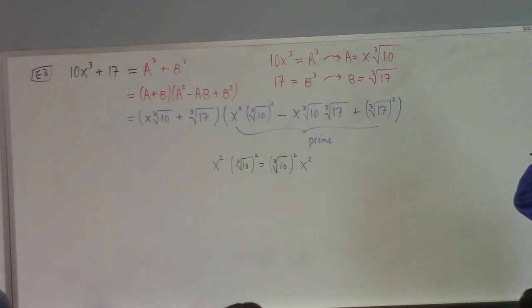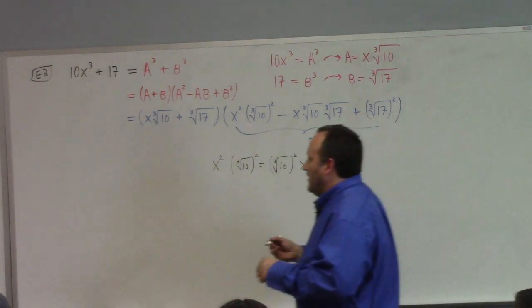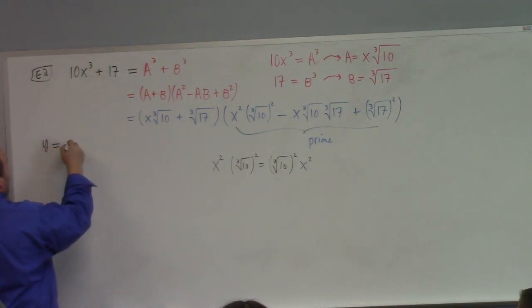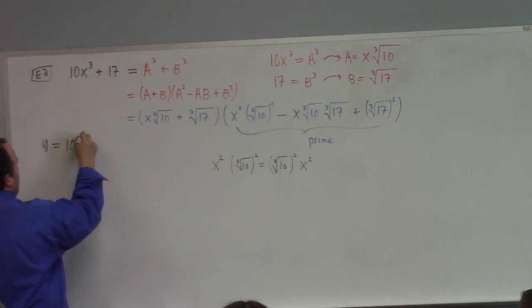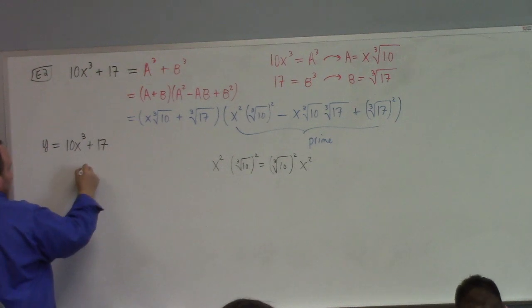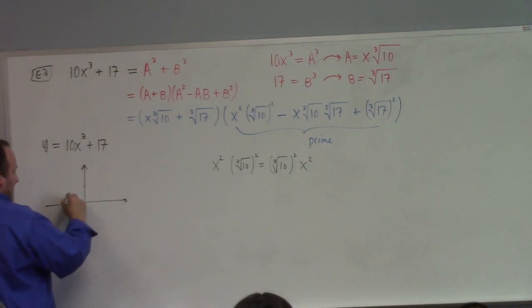Other questions? Yeah. Can you explain why we're allowed to claim it as a prime because it only touches the x-axis once? Oh, okay. Well, geometrically, yes, but this is a bit of time travel. So the graph of this looks something like this.